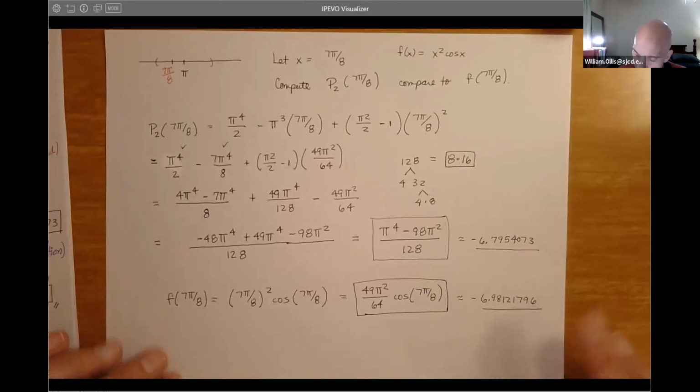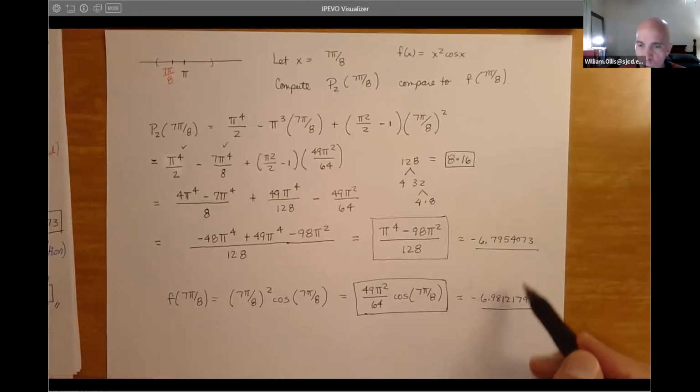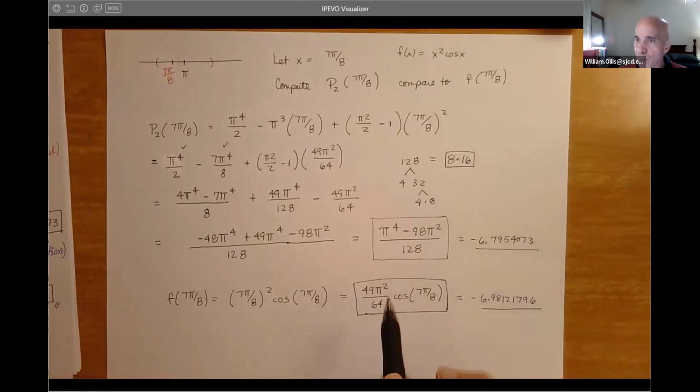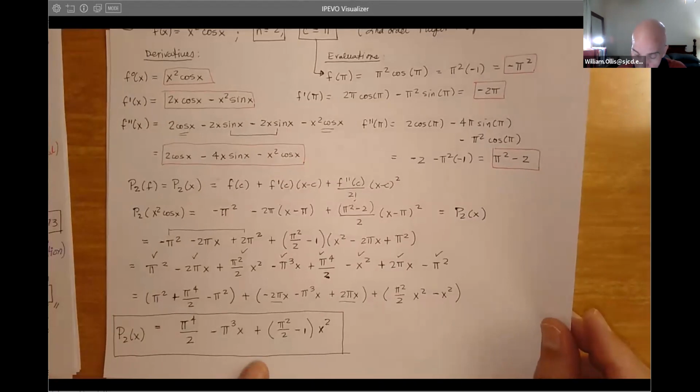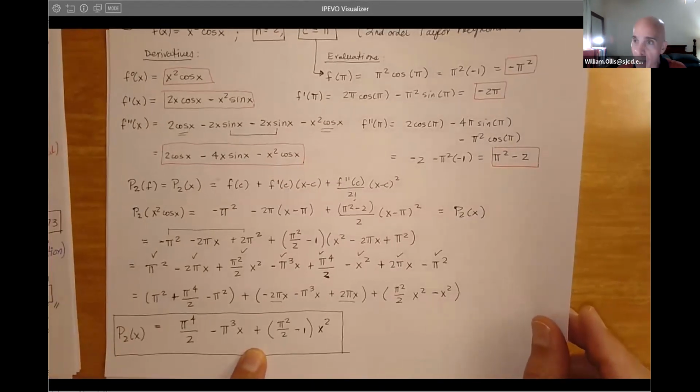So what I want to show you at this point is that what we're doing is not just a bunch of hash. These are, at least for a second degree approximation, not half bad. Now, the key here is that it's like, well, we've got calculators. Why would we ever need this? The computations may be made more simple. That is, if you're working in close proximity to pi, this may be much more usable in terms of your calculations.